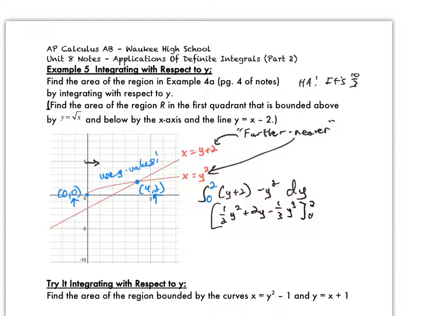Plugging it in real fast, 2 squared is 4, 4 divided by 2 is 2, and then I've got 2 times 2, which is 4, and then I'm going to wind up having 8/3. Now this is a little bit easier to handle because it's 6 minus 8/3, which, when you get a common denominator, works out to be 10/3 in the square units department.